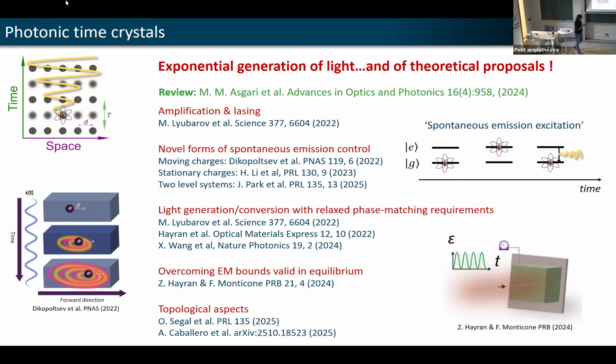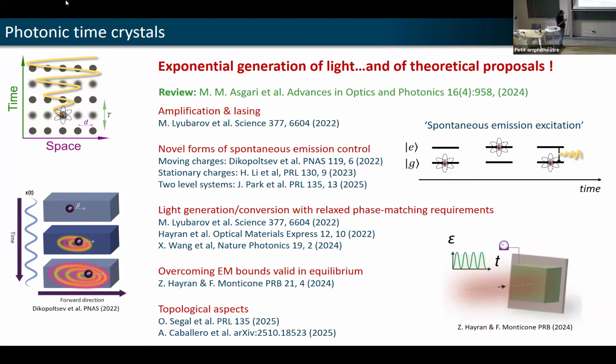So, prediction of amplification and lasing. More generally, you're doing nonlinear optics in some extreme regime of parameters. So this may allow for light generation and conversion, typically with relaxed phase matching constraints. You can overcome some bounds that you find in electromagnetism, which are only valid in equilibrium, because now you are out of equilibrium.